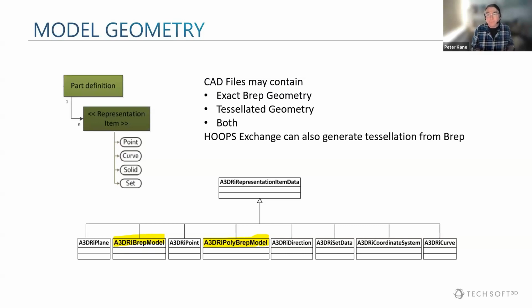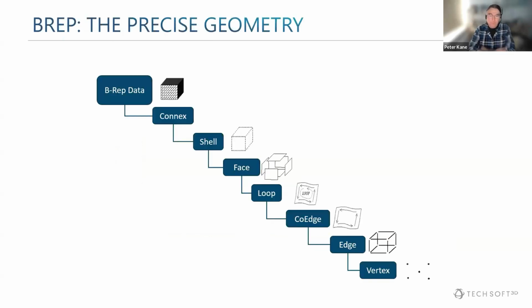And there are various different controls and algorithms within the HOOPS Exchange package that allow you to generate tessellated data from the exact geometry. And it's this tessellated data that forms the basis of the bridge to Polygonica.